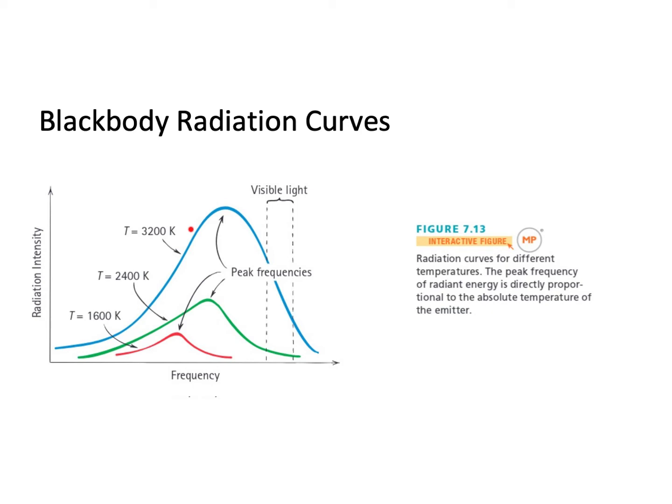The blue one, however, at the higher temperature, is giving off much more of the visible light. And so you can just sort of see that's the light being given off here. Now the peak over here where it's brightest, that's not in the visible part of the spectrum. It'd be in the infrared or something like that at a lower frequency.